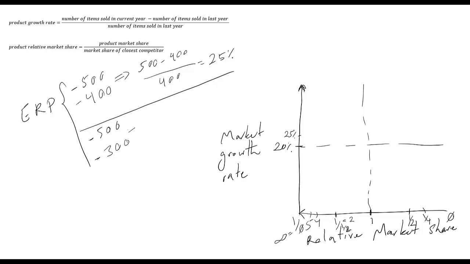So ours will be 50% of market share, and our closest competitor is 30%. But anyway, it will be 500 divided by 300, which equals 1.6. So it will be something around here: this is 1, this is 2, it would be here at 1.6.